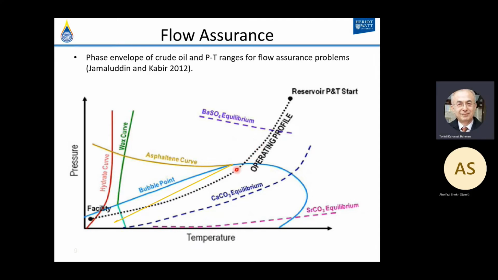Here we have some gas phase, and then here we go into the asphaltene phase boundary. Here we go into the wax phase boundary, and now we go into the hydrate phase boundary. Our objective here is to calculate or to determine the hydrate phase boundary.